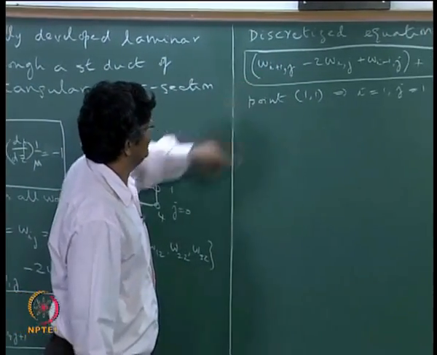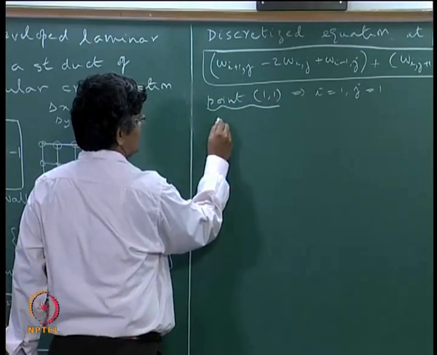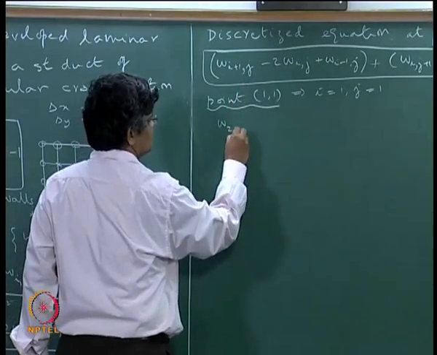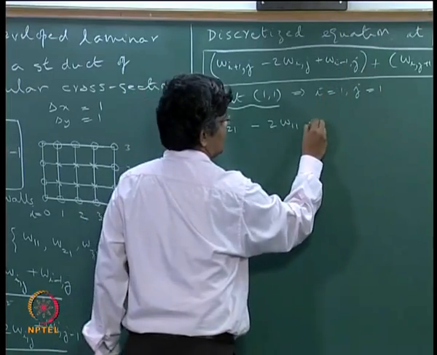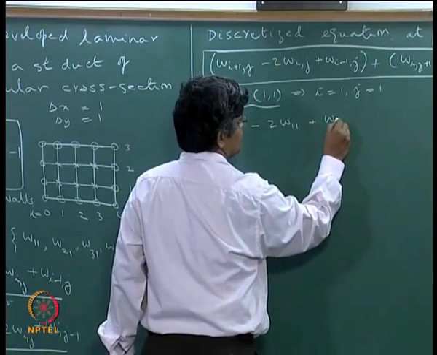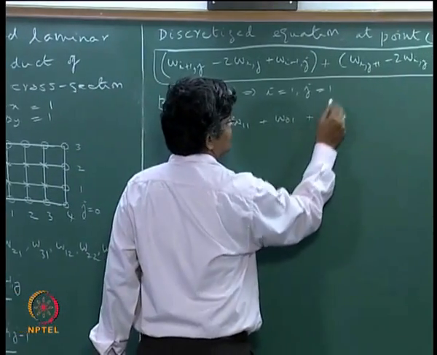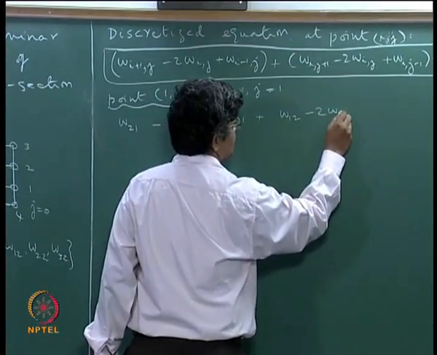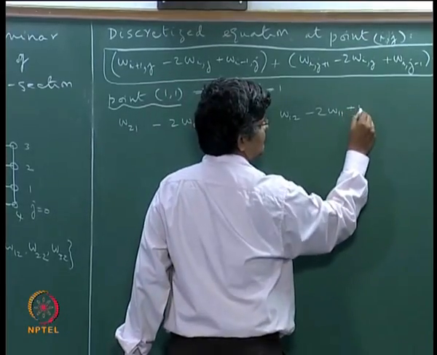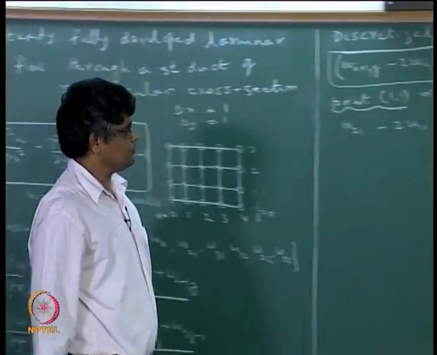So we substitute this here, we get W21 minus 2W11 plus W01, since i minus 1 is 0, plus W12 minus 2W11 plus W10 is equal to minus 1.